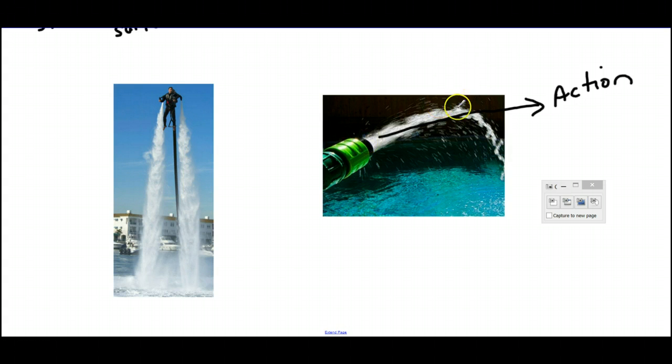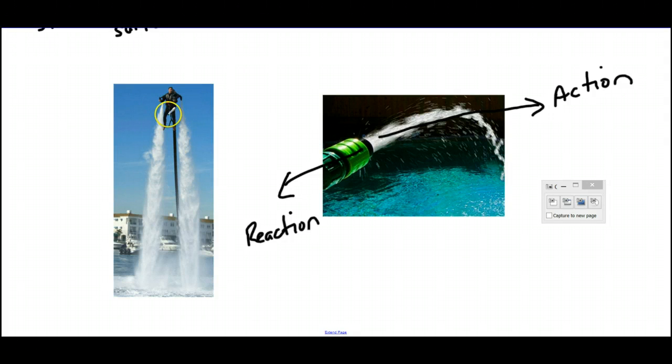But as that water is being forced out of the nozzle of the hose, it's putting an equal and opposite force back on the hose. And that reaction force back on the hose from the water propelling out of it so fast is what's pushing back on the hose and making it fly all over the place uncontrollably, much like the balloon.